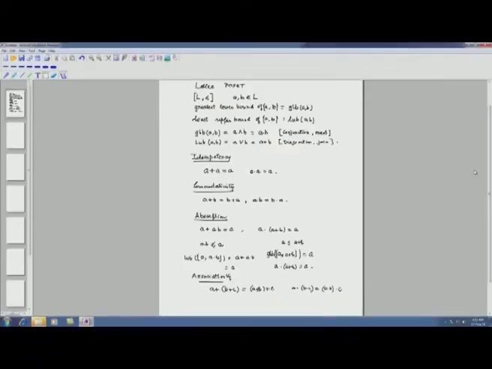Now, in a lattice, even these rules need a proof. I will give the proof of the first associativity law and then leave the other part for exercise.